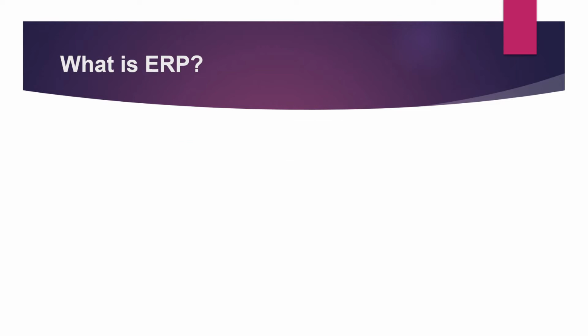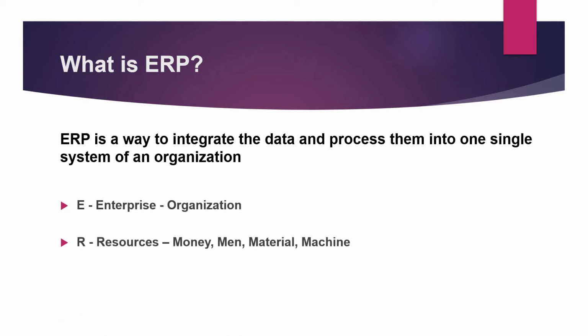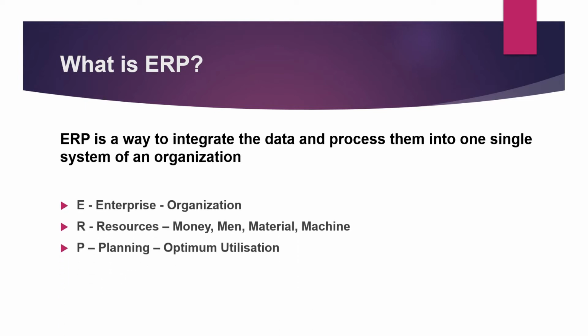Let's come next to ERP. What we actually learned earlier is that ERP is Enterprise Resource Planning. By enterprise, we generally mean the name of the organization for which expenses, revenues, costs are recorded.